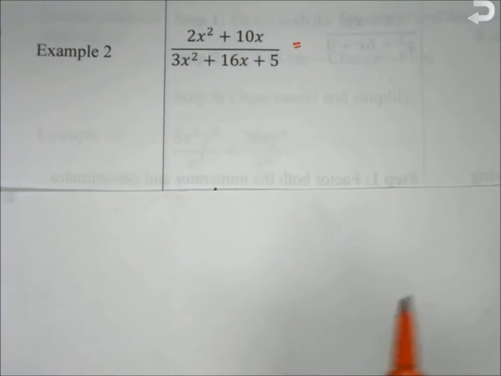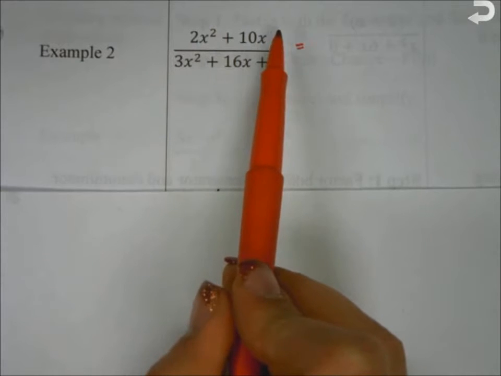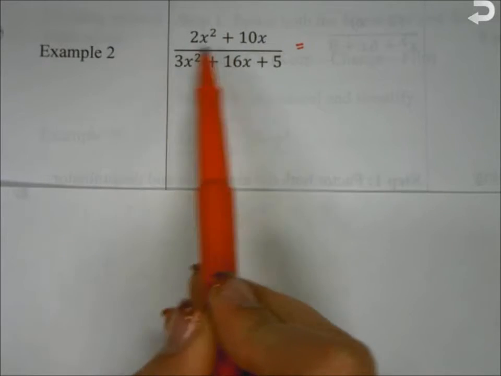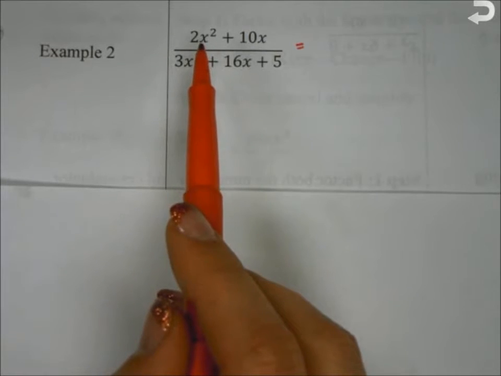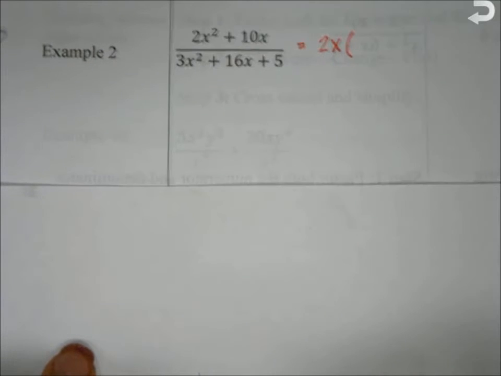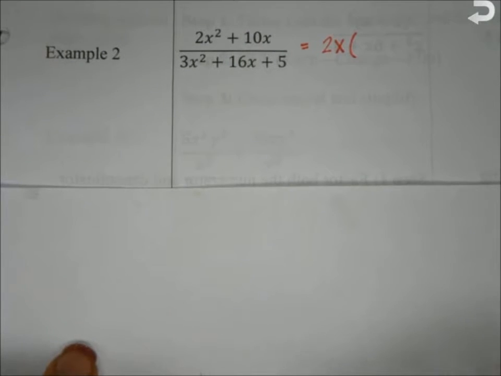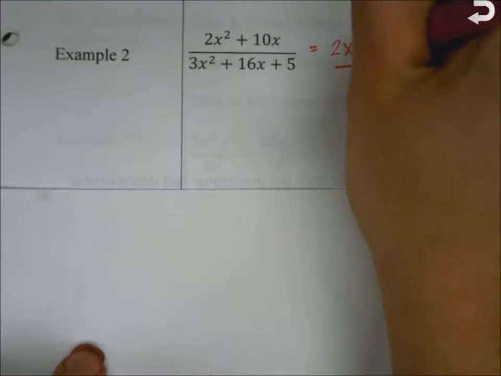In this numerator, 2x squared plus 10x, what method will I use for that? GCF. What's the GCF in there? 2x. So if I factor out a 2x, I'm left over with x plus 5. Good. All over. What method will I use here?